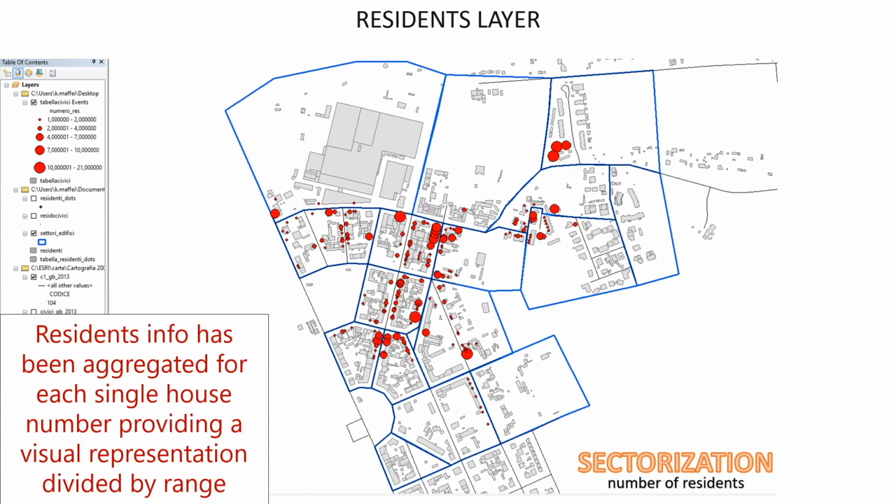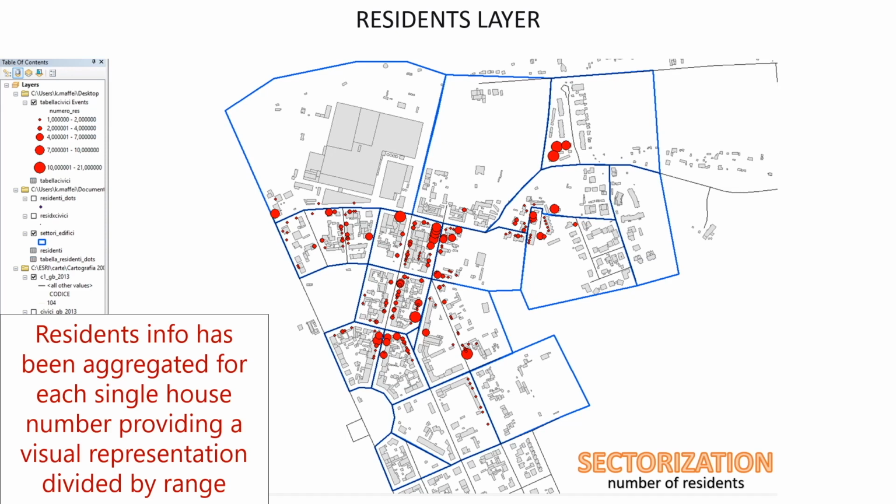To the polygon that we just defined based on the number of buildings, we have then also added the residences. In this case, you don't see the single dot of the single resident anymore, but we have made a group, a selection by address, to represent with a circle of different size the number of people that are resident in that building.